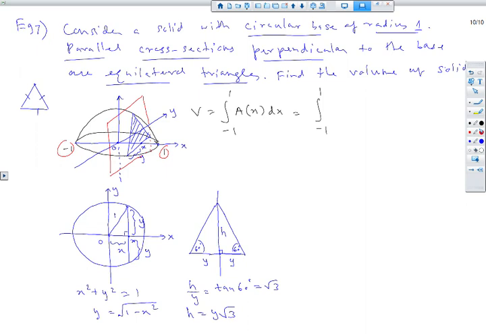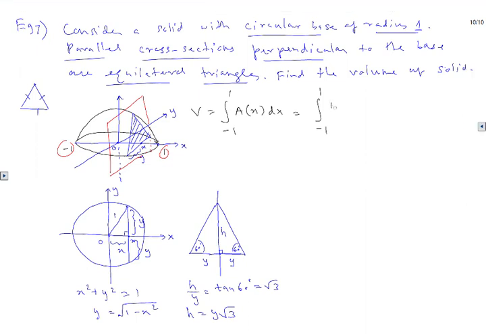Let's do it. We have the area of the typical cross section, that means the area of the triangle. It is 1/2, the base of the triangle is 2y, and the height is square root 3 y. And it is a dx problem, because x is changing. You can see that x and y can't be integrated yet.